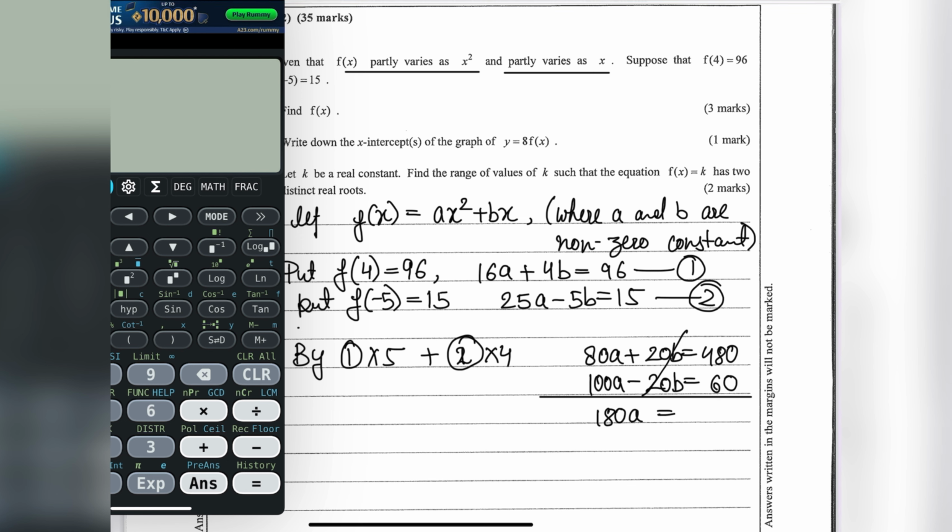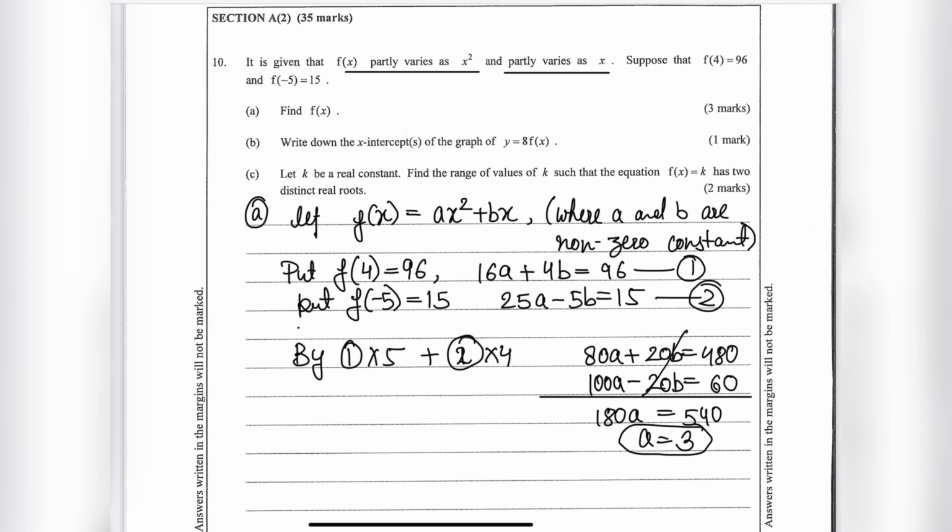180a is equal to 480 plus 60, 540. So a is equal to 540 divided by 180, which is 3. So a is equal to 3. We can substitute the value of a in any of the equations to find the value of b. So 16 times 3 is 48 plus 4b is equal to 96.